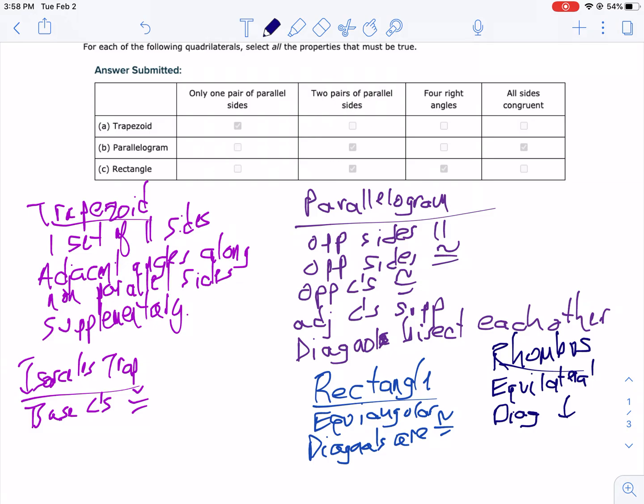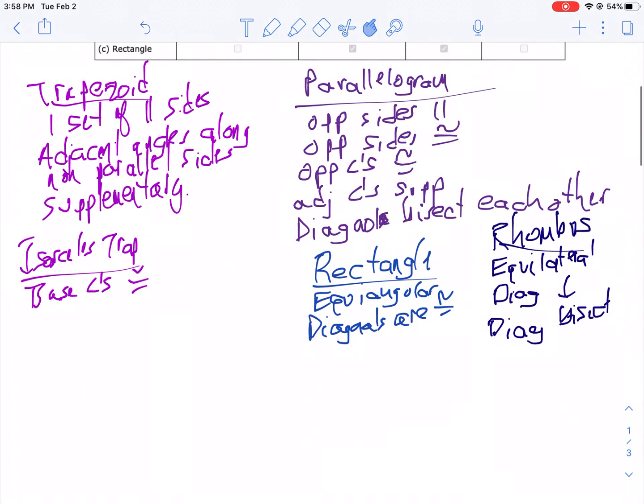And we know the diagonals bisect the vertex angles, the corner angles. And then everything that's true about a rectangle and a rhombus would be true about a square.